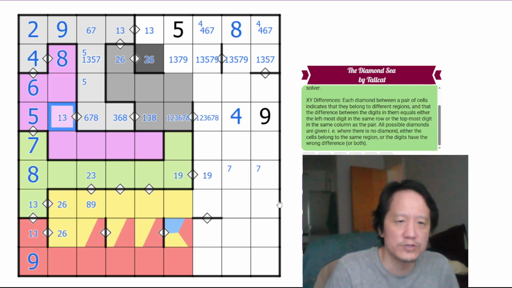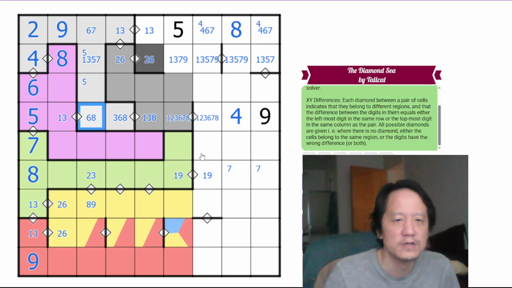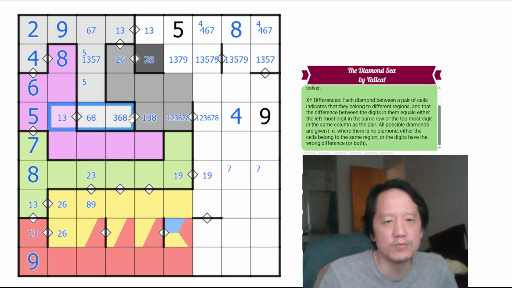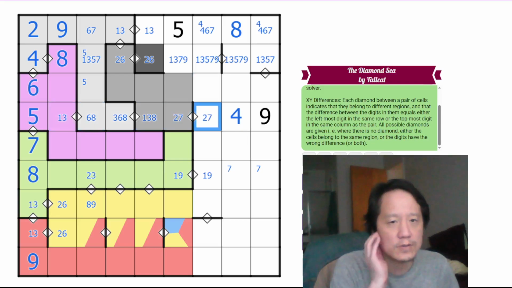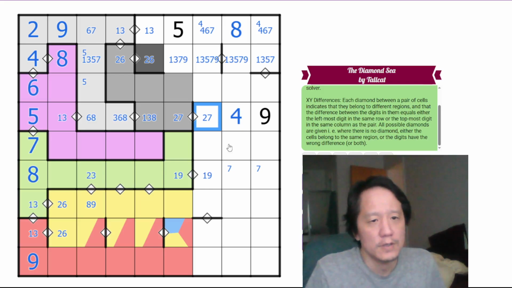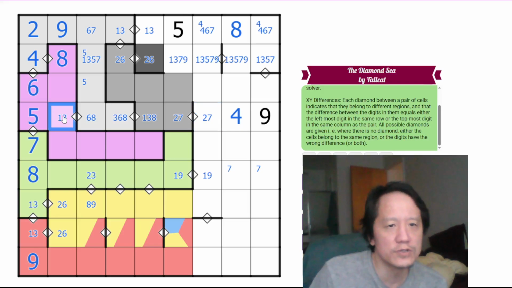Also, this can't be 2 because of the 2, 6 pair in the column. Since this can't be 2, this can't be 7. This becomes a 1, 3, 6, 8 quadruplet, which eliminates 1, 3, 6, 8 in the rest of the row. So this must be a 2, 7 pair here. And the reasoning we had was that this can't be 2, 6, or 8.